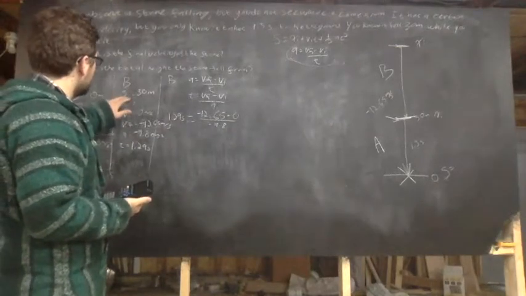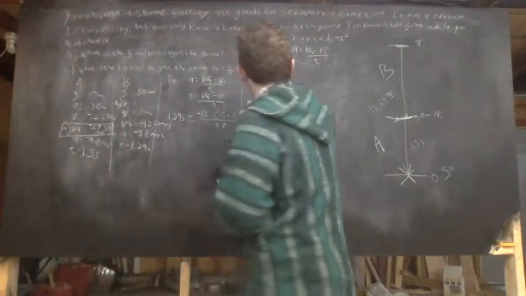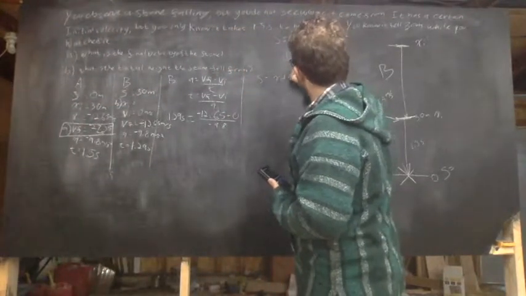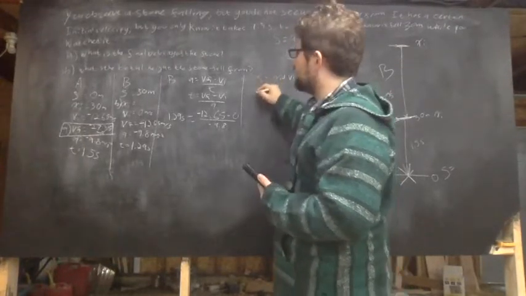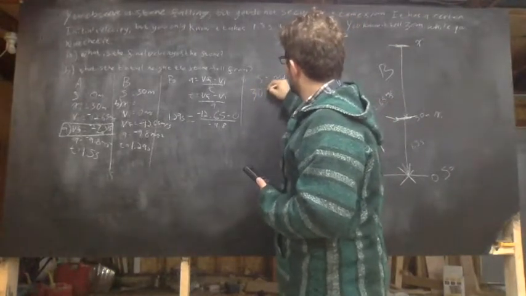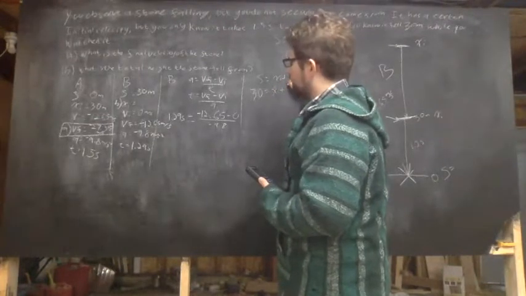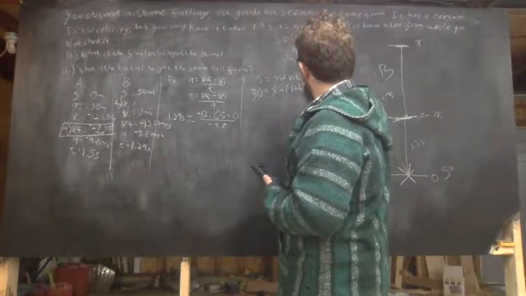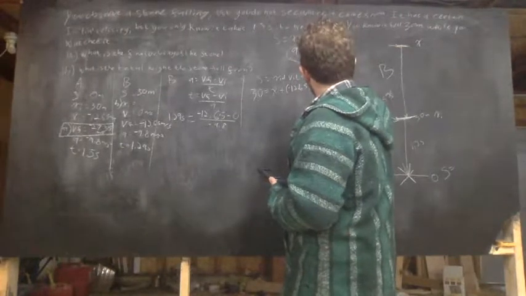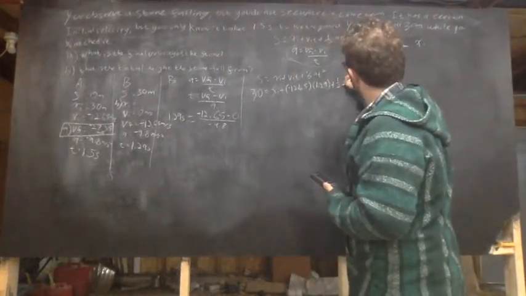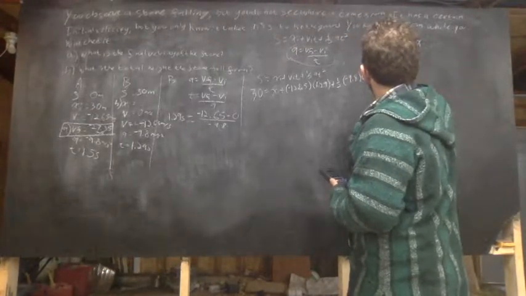And now I have everything I need to plug into my S equation and solve for xi. S is equal to xi plus VIT plus 1/2 AT squared. Plugging in for my variables, 30 is equal to xi plus a negative 12.65 times 1.29 plus 1/2 negative 9.8 times 1.29 squared.